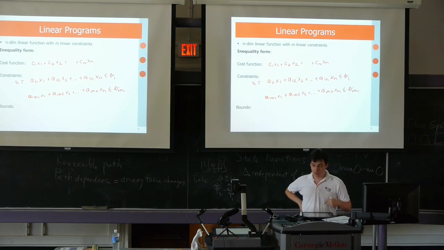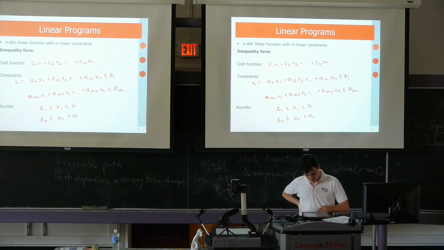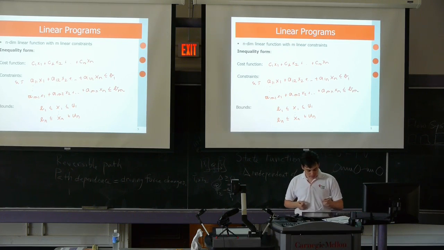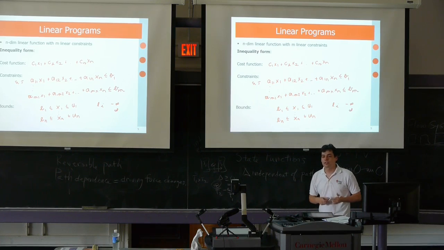And we can have constraints on the bounds too. Say l1 is less or equal than x1, and x1 is upper bounded by u1, and we have n variables, so ln less or equal than xn less or equal than un. Of course these bounds li, ui can be minus infinity or plus infinity too. Is this definition clear?